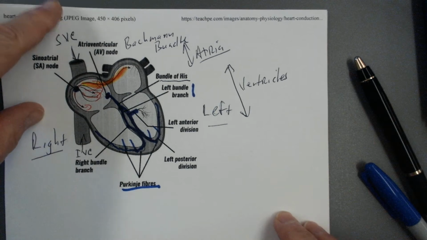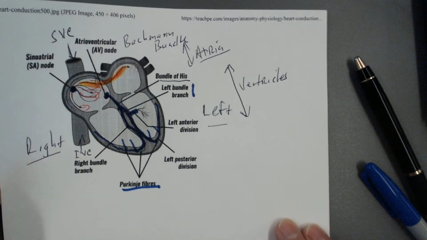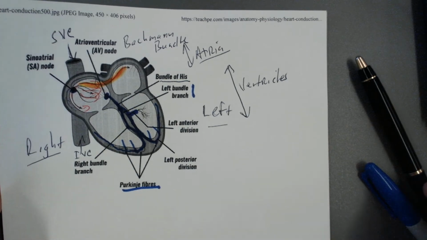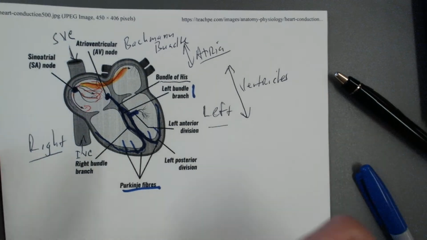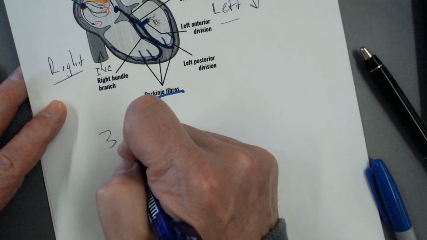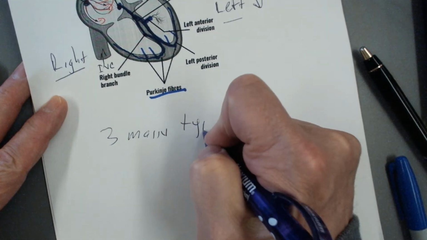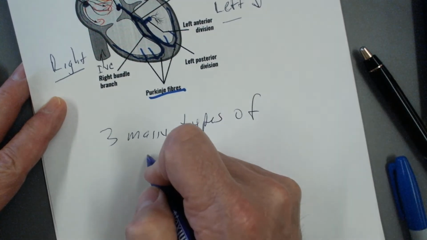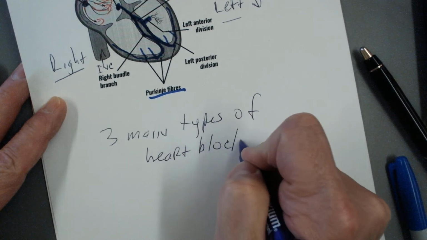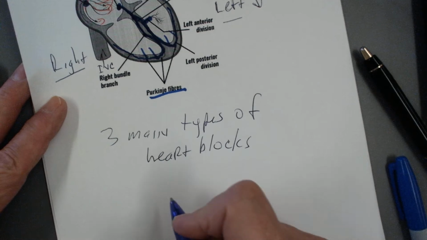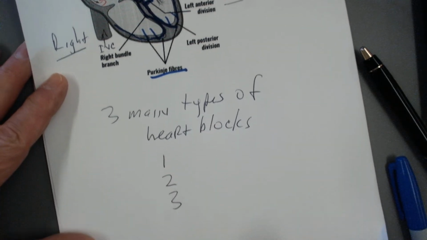So when we have a heart block, we have different types of heart blocks. There's three main types of heart blocks. And they're called type 1, type 2, type 3.